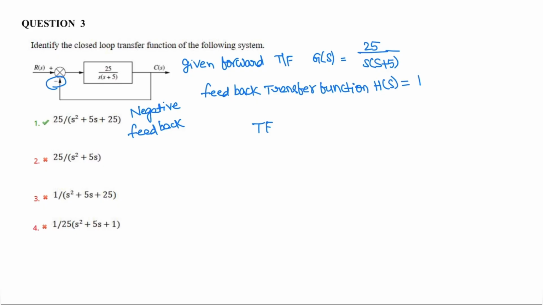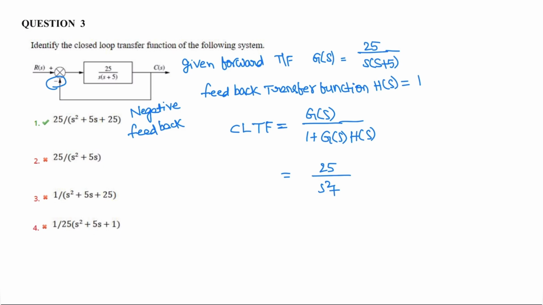The closed loop transfer function of negative feedback system is G of s by 1 plus G of s H of s. So replace G of s and H of s in this closed loop transfer function.